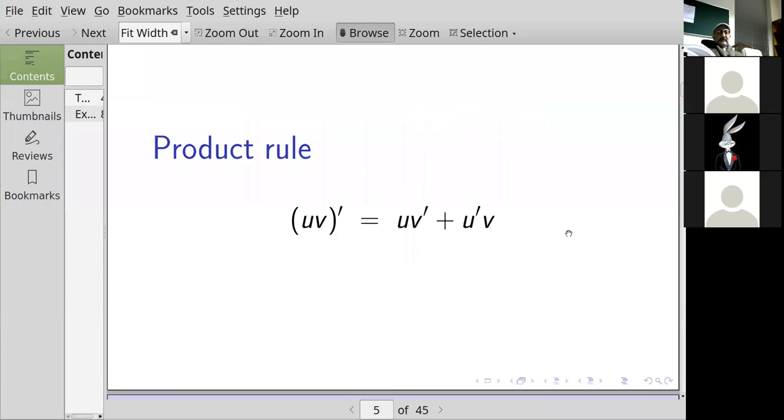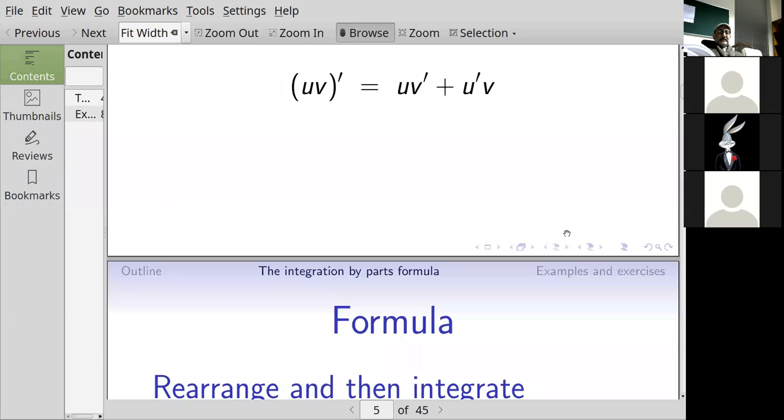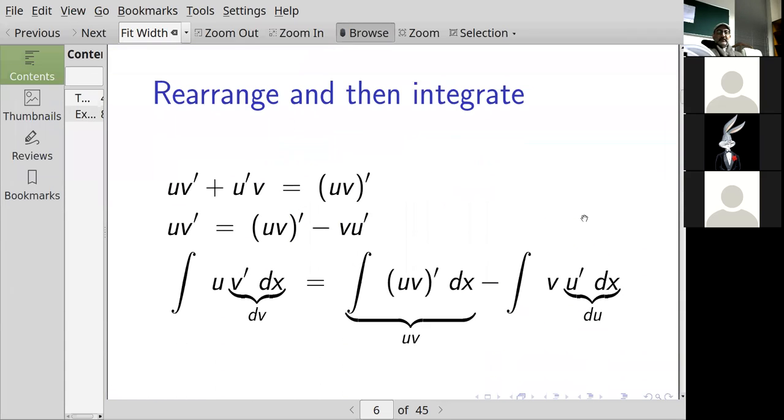let's suppose that u and v are differentiable functions at the point of interest, then that's equal to uv prime plus u prime v. Now if I manipulate this a little bit, so I rearrange it until I get that uv prime is equal to (uv) prime minus vu prime. Now I do an integral. So I have integral of uv prime dx is equal to integral of (uv) prime dx minus integral of vu prime dx.